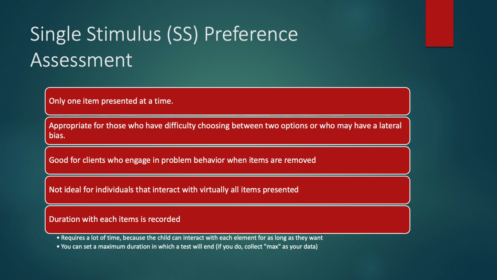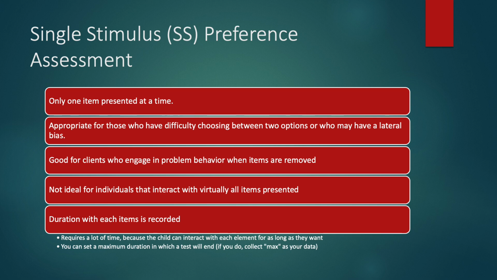It's also going to be really good for clients that have a very difficult time choosing between different options. So we do have clients that we work with where they can't be presented items in a large array. They can't be presented with multiple items because they have a very difficult time making choices between items or even scanning different items that are presented in front of them.